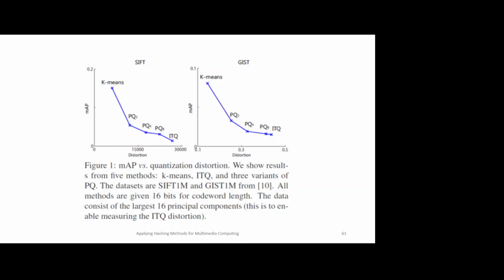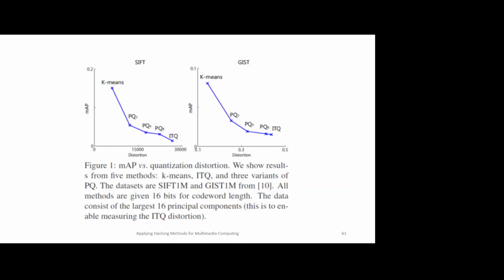Okay, it's another data set called GIST, and this is the data set in C. In both data sets, K-means gets the highest MAP because its distortion is the lowest. And then is the PQ2. PQ2 means I divide the vector into two segments. Remember, last semester we talked about PQ, right?